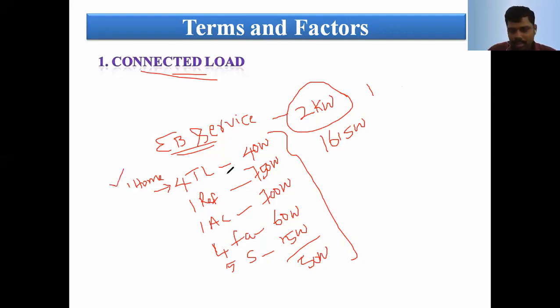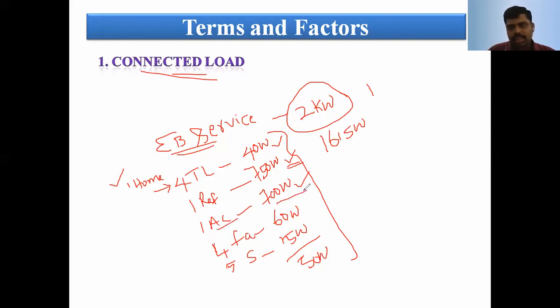But all the appliances are not used at a time. For example, of the 4 tube lights, they are never all switched on at a time. Maybe at that time 2 tube lights are used and the remaining 2 are off. The refrigerator will be in on mode, and the compressor is on for 12 hours and off for 12 hours. The AC is used as per requirement.